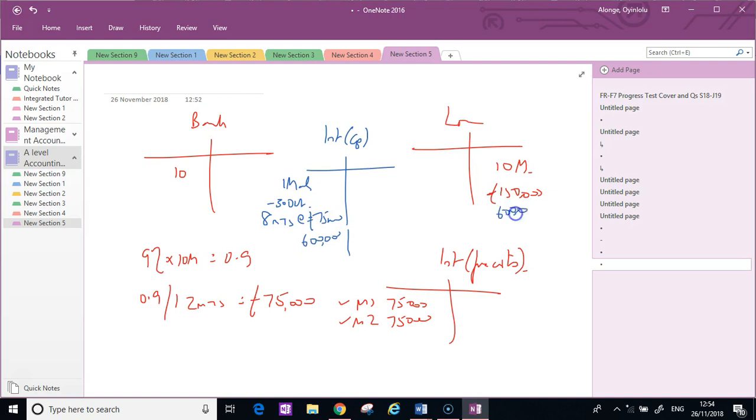And then we have 2 more months. The final 2 months, month 11 and month 12, 75,000, just go straight through to finance costs. So 150,000 as well, covering these two. Great. Right. So that would all be wonderful.